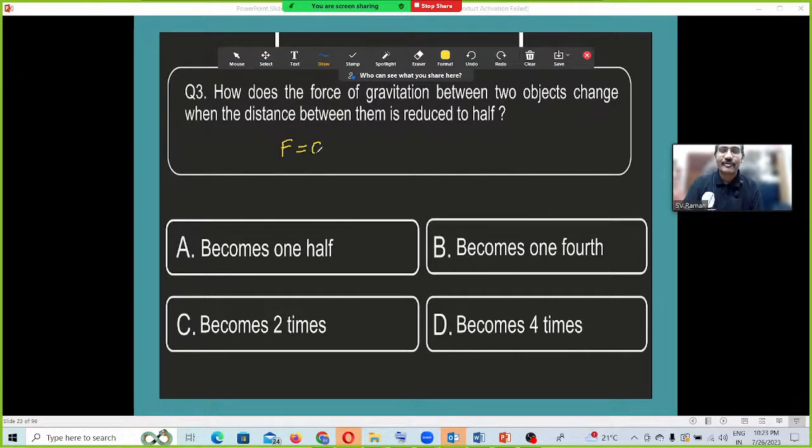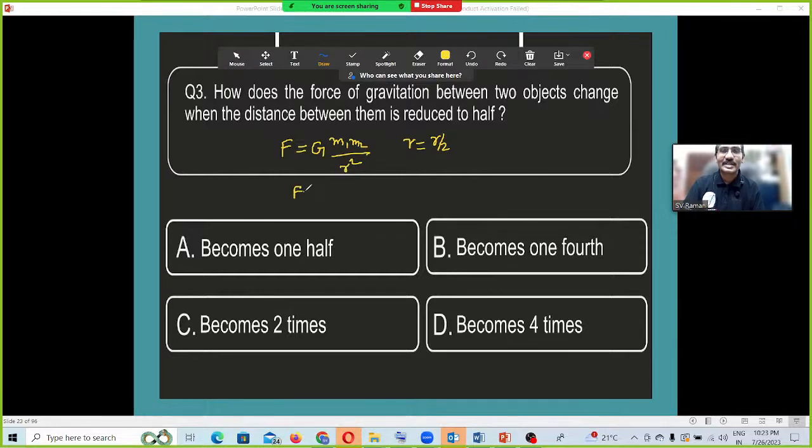Gravitational force F is equal to capital G m1 m2 by r square. This is the formula. But what is given in the question? The distance between them is reduced to half. If r is equal to r by 2.